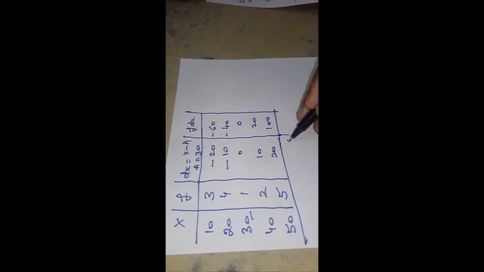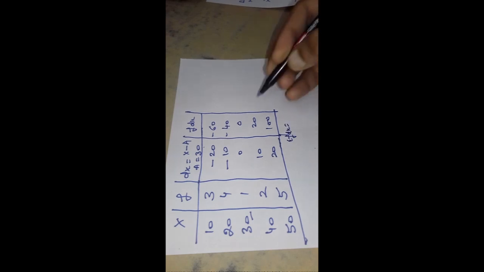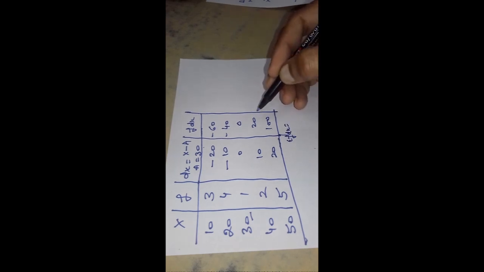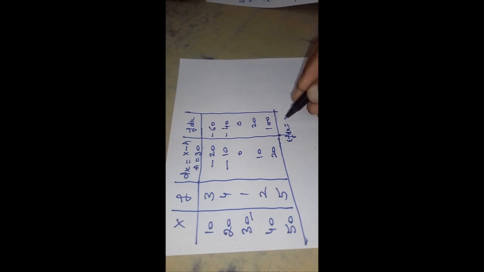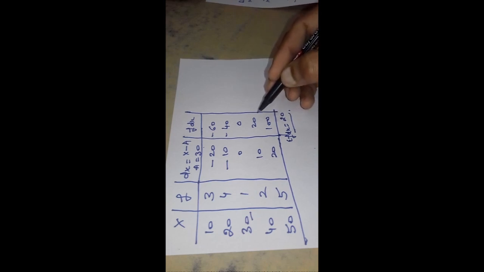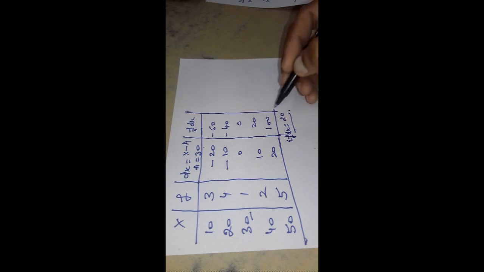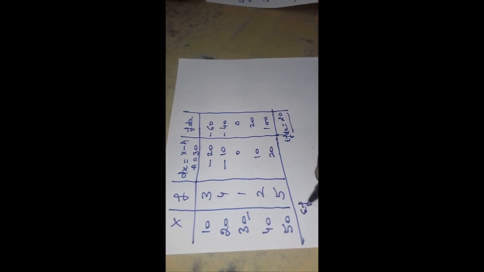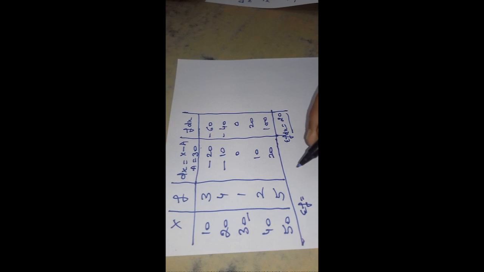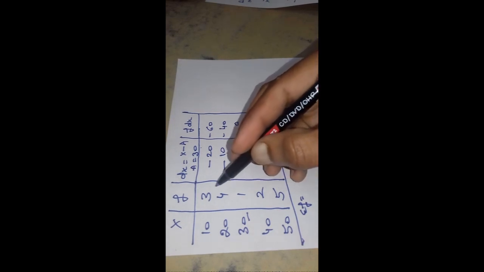Then summation f dx equals, as 120 is plus and 100 is minus, the balance is 20, that is 20 is positive. We must also get summation f, again it is 15.